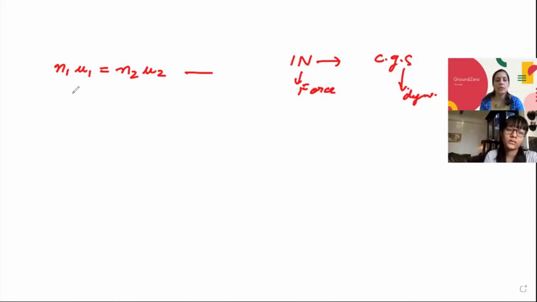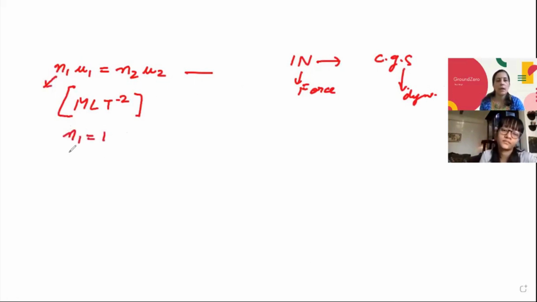You know the force dimension is what? It is M L T to the power minus 2. Yeah. Now n1 is what? 1 Newton, so I take the value of n1 as 1 Newton. We know the dimension of force is M L T to the power minus 2.